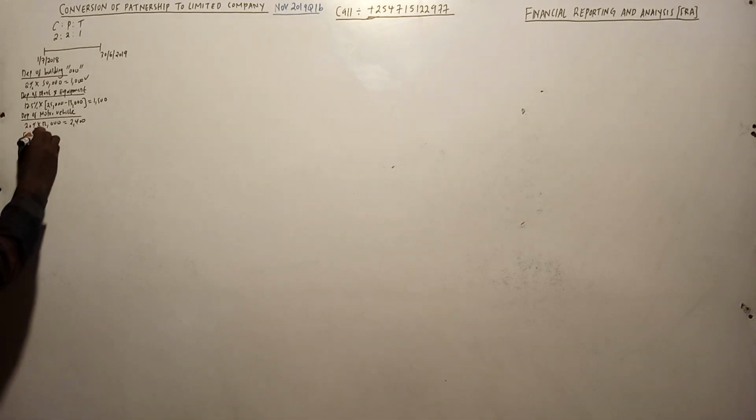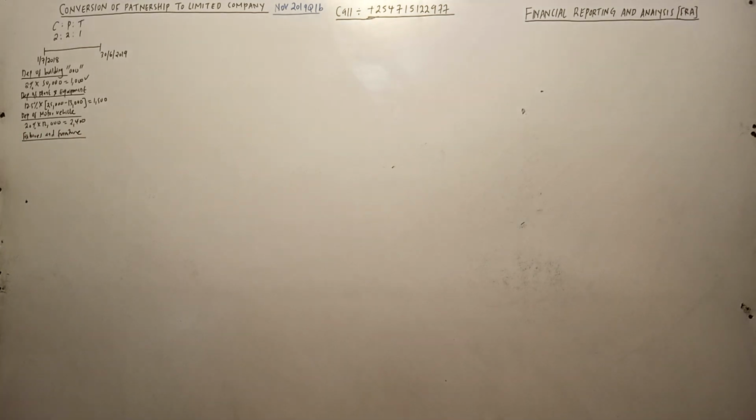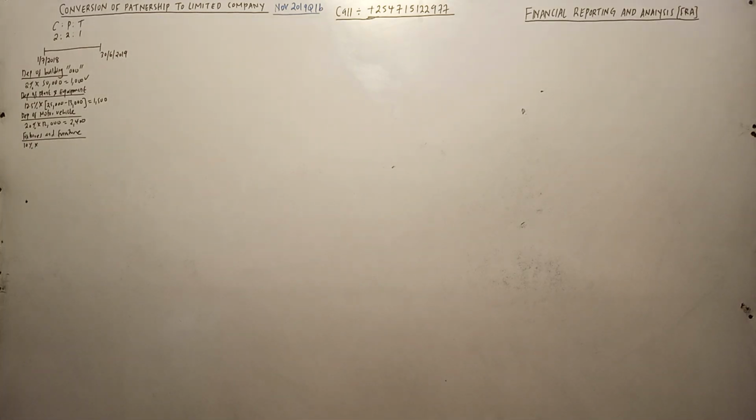Then we are remaining, additional information number one, with fixtures and furniture. 10%. Now it is on a straight line basis, so that one goes with the cost.